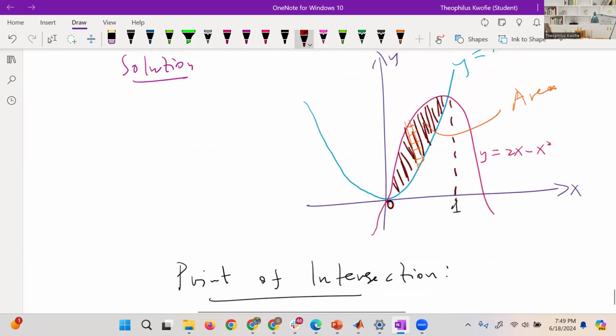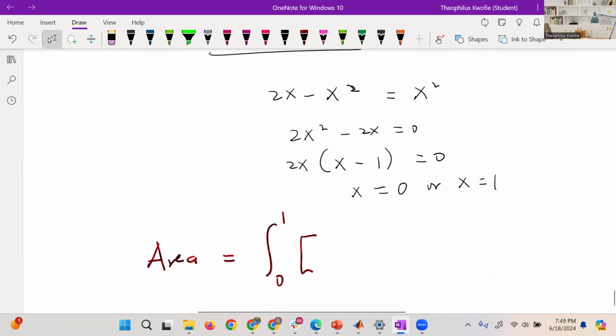Now, mind you, when we do vertical slicing, the graph of y equals 2x minus x squared will be on top of the other one.